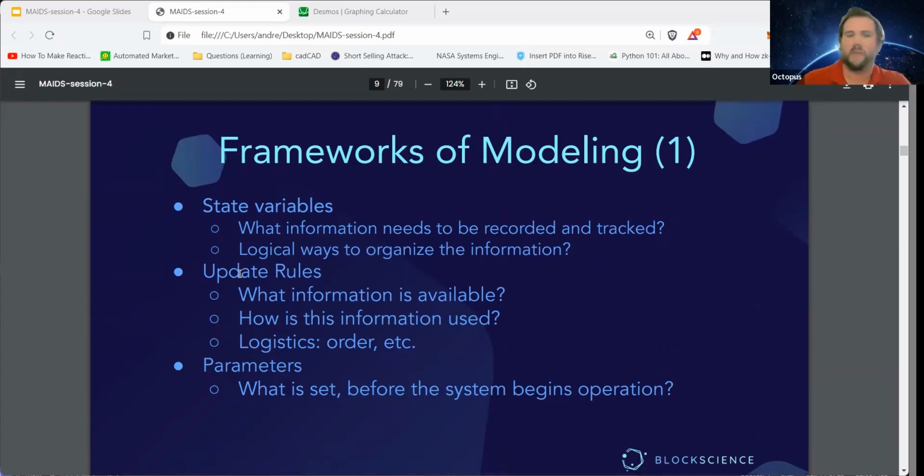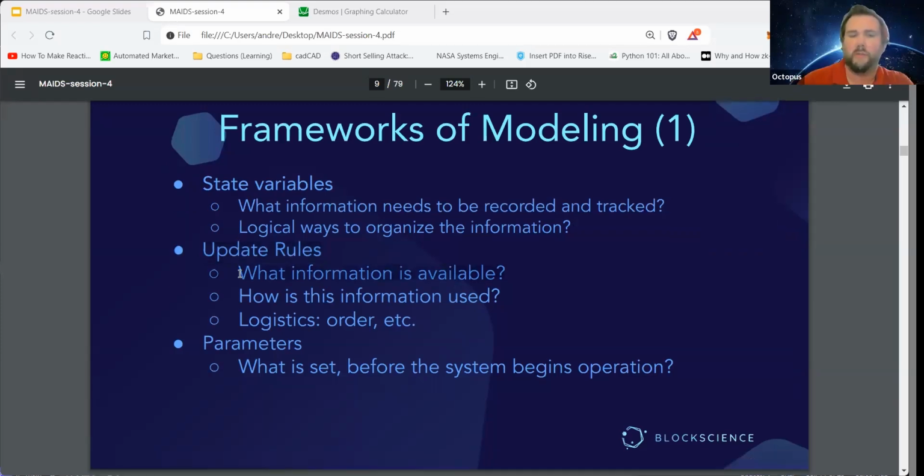What are the update rules? So these are the decision rules and the chance processes that agents, or what I'm calling entities, might have. What information is available when they make this decision, or what information is available when the system updates through these decisions? How do they use this information, and in what order are these decisions or updates made?